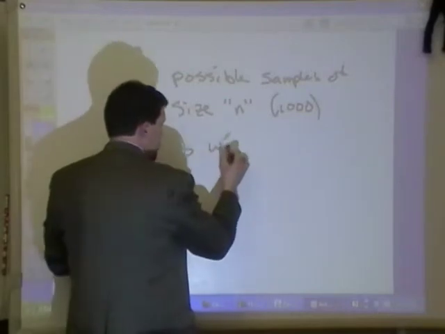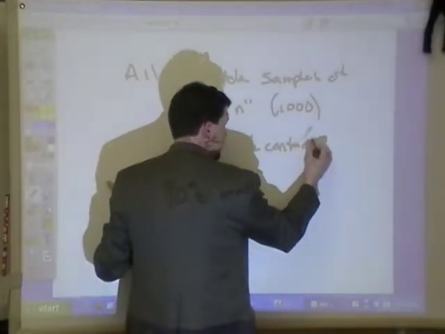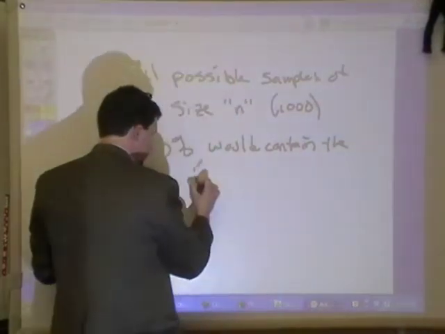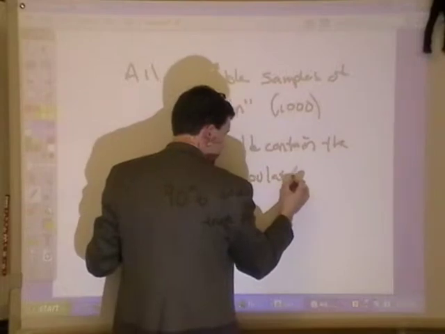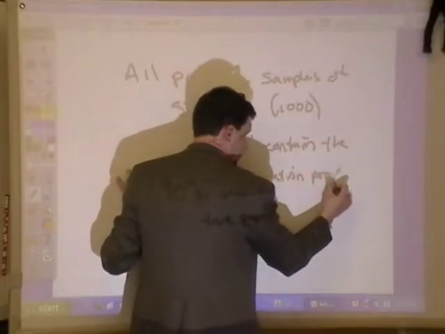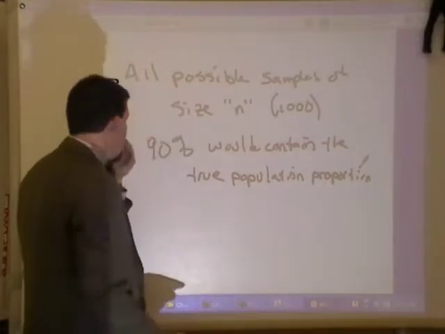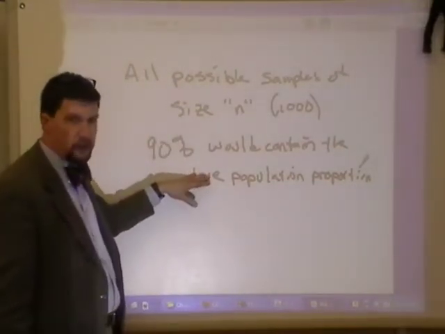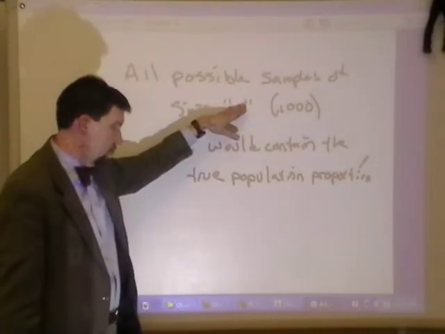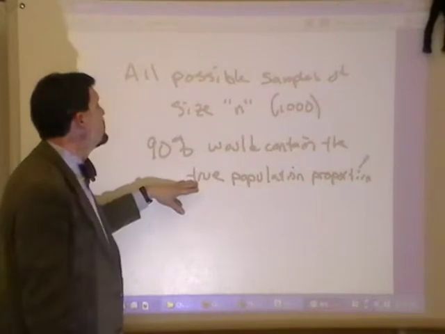would contain the true population proportion, or mean if we're talking about means. 90% of all those possible confidence intervals that I could build off of those samples would contain the true population value.